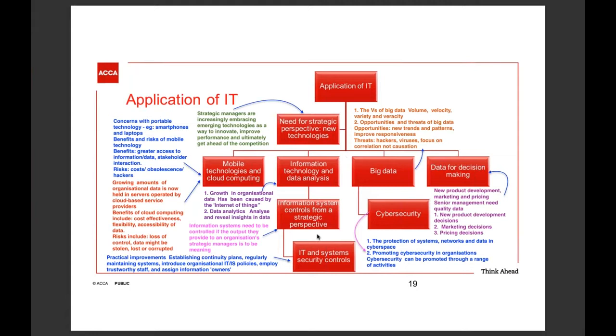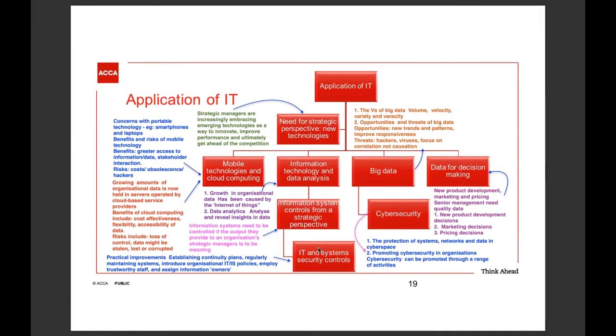And once you have this IT and system, you need to have some security controls. Like I mentioned just now, there are threats of hackers, viruses, things like that. So at least you need to come up with a mechanism to help you control and make sure that your information and your data are safe.